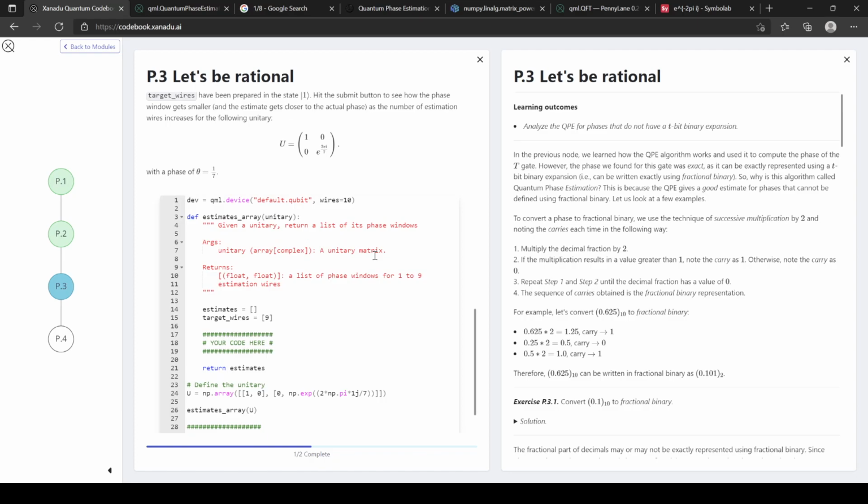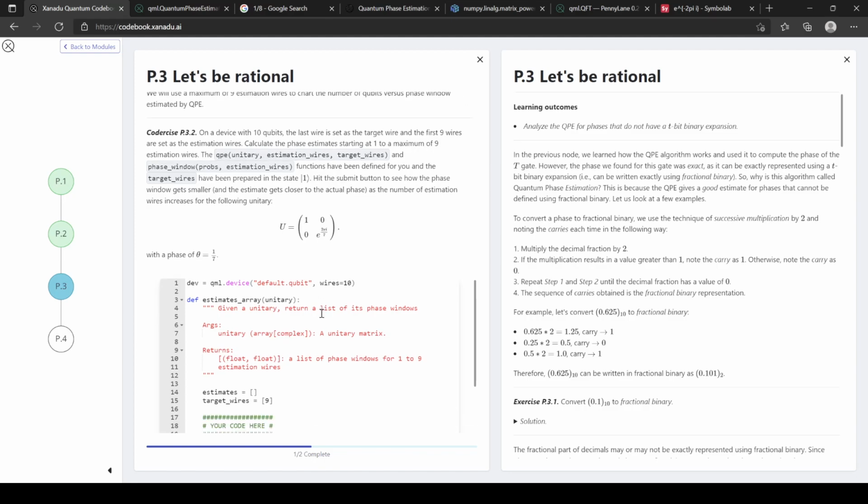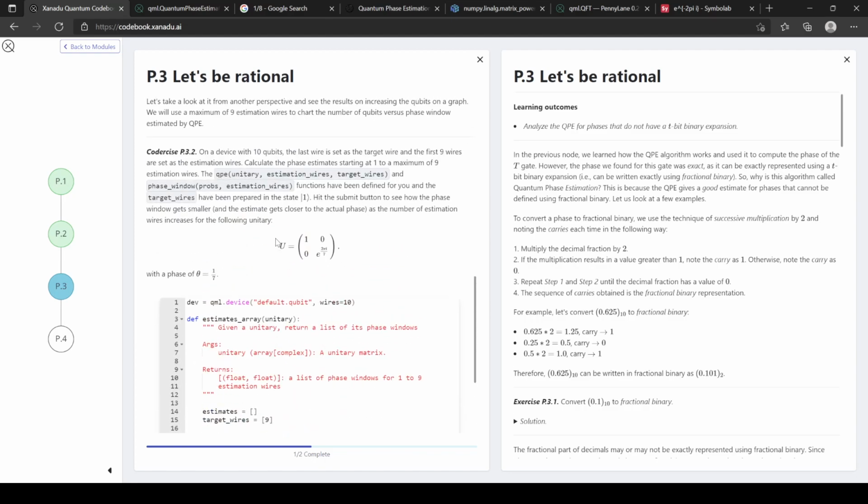Given a unitary, return its list of phase. What am I supposed to do? Okay. On a device with 10 qubits, the last wire is set. Estimation.